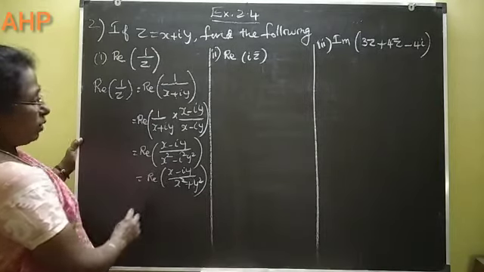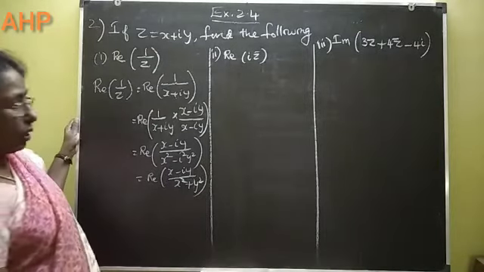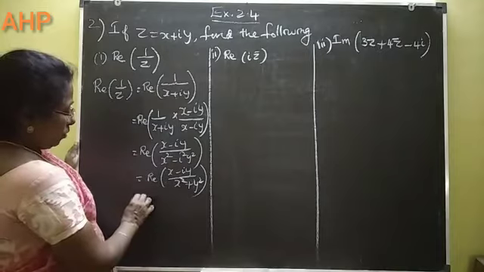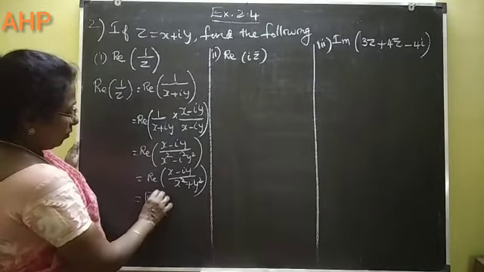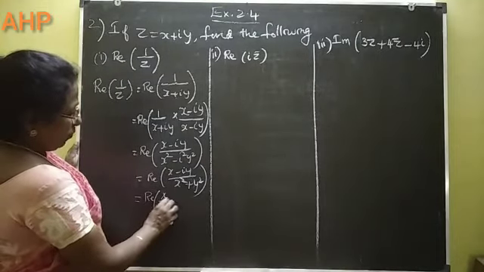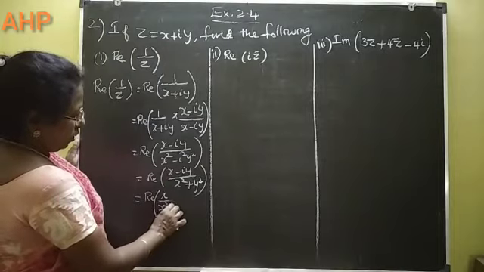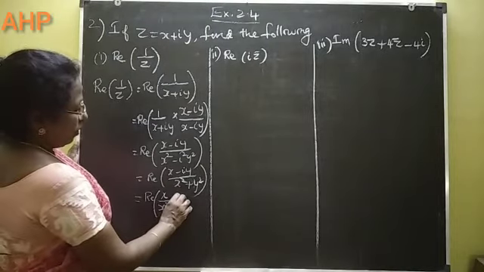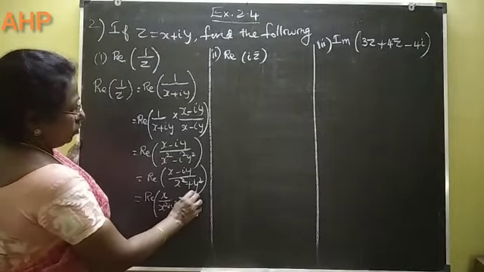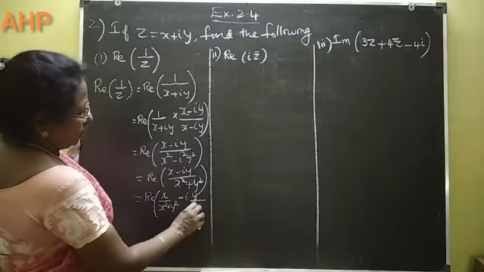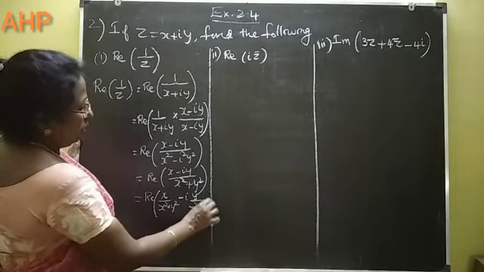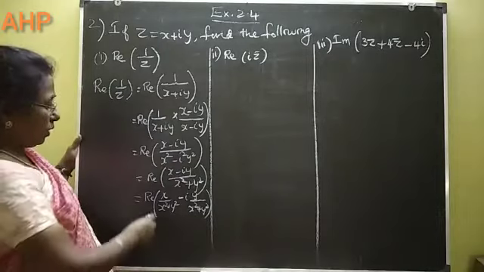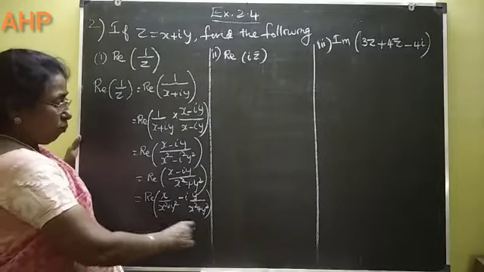Now, if you wanted to write it in the form of x + iy, this will be equal to real of x/(x square + y square) minus i into y/(x square + y square). See, we want our answer only as the real part of this complex number.